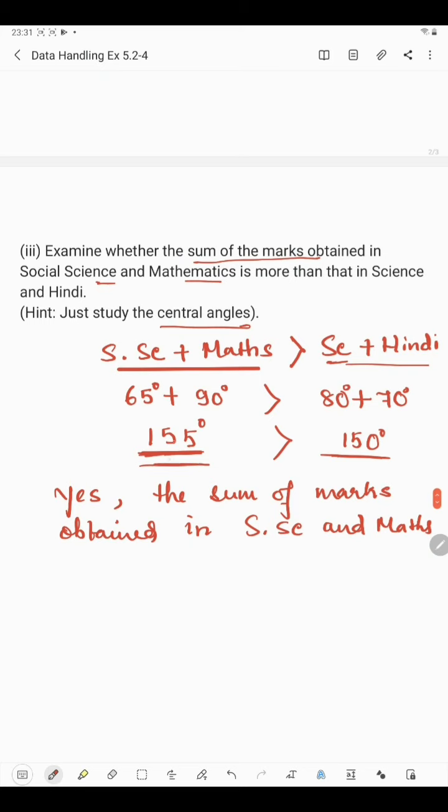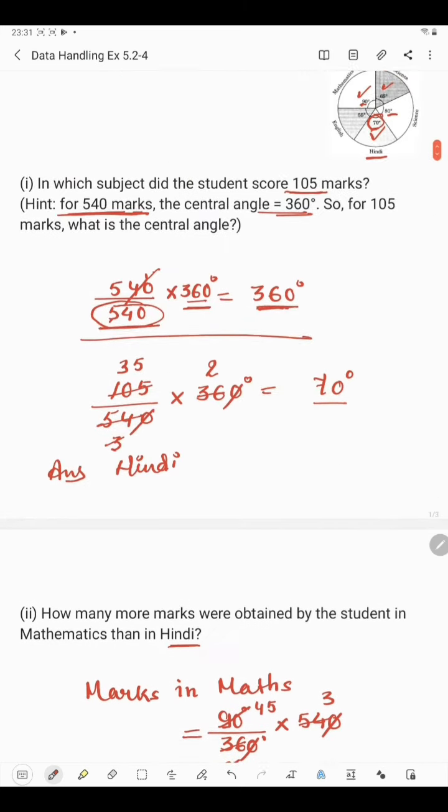Here we have seen that 155 degree is more than 150 degree. So we'll write that in social science and maths it is more than in science and Hindi. Okay. So this was all about question number 4.